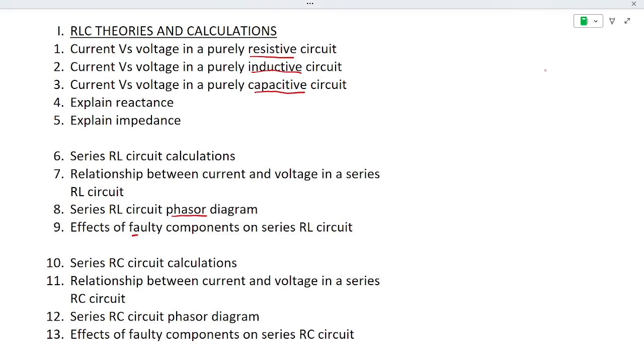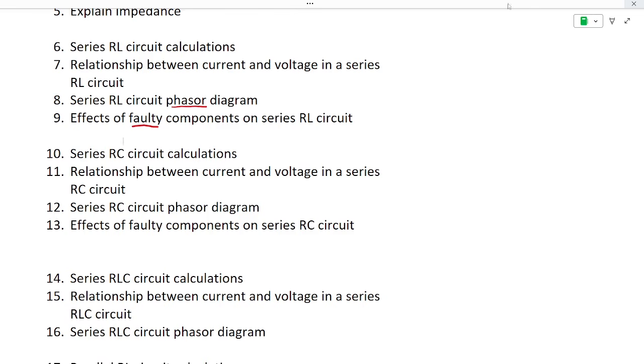Please don't forget this, because I've seen these questions: effect of faulty components on all types of circuit, RL, RC. So here, for example, from point 10, we focus on series RC circuits, relationship between current and voltage in a series RC circuit, series RC circuit phasor diagram.